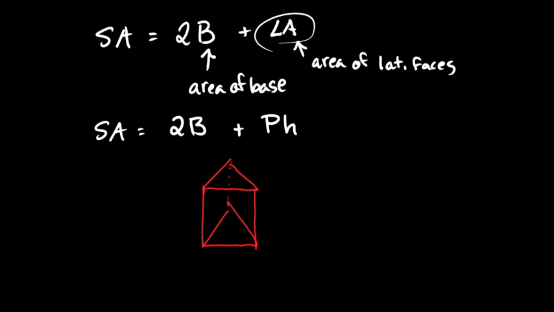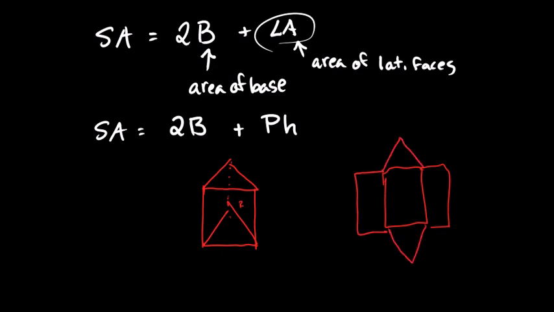If I draw out the net, alright, here is my front face. And then I'm going to write the right face there, and the left face there. And then I'm going to say the top base is connected there, and the bottom base is connected there. The reason I have the 2 area of the bases, those should be the exact same.